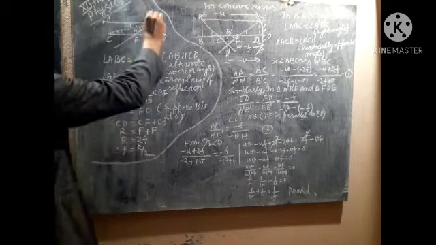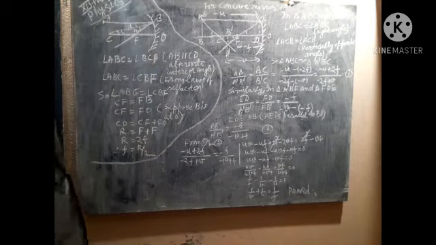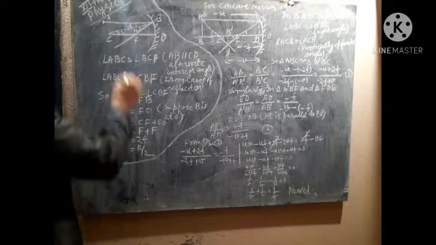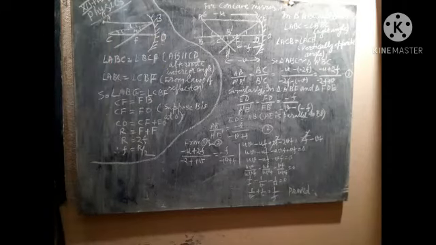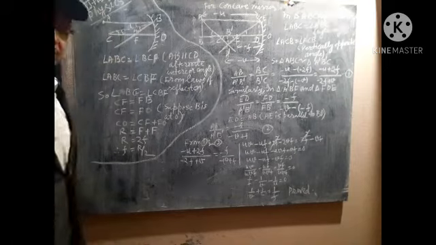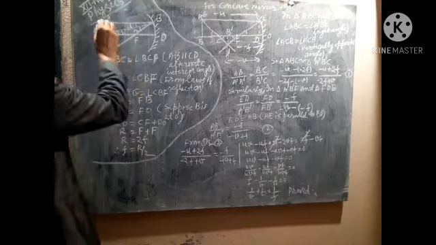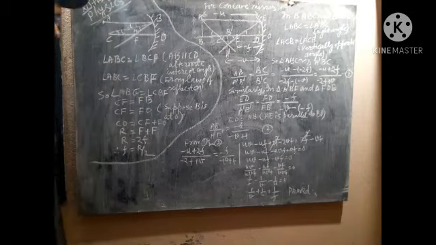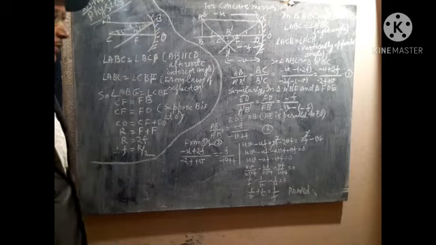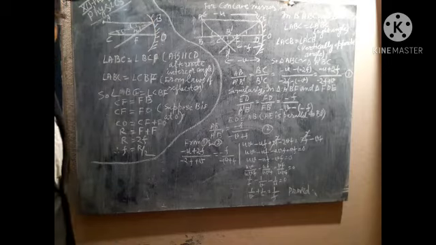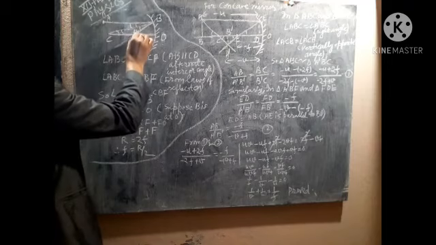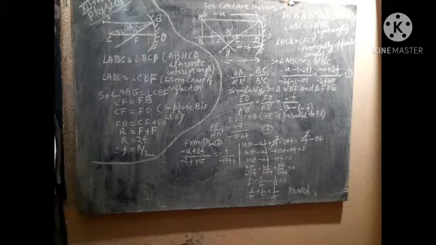Here I have made a figure of a concave mirror. Here an object is kept beyond the center of curvature. As you know, a ray which passes from the mirror, wherever you keep the object, will certainly pass through the focus.